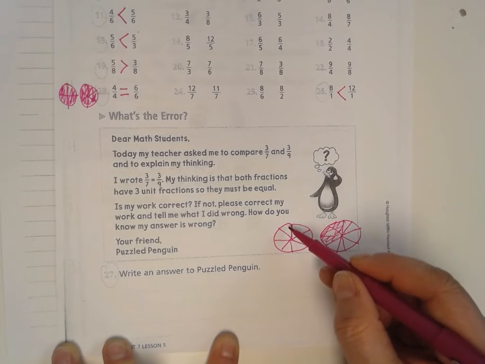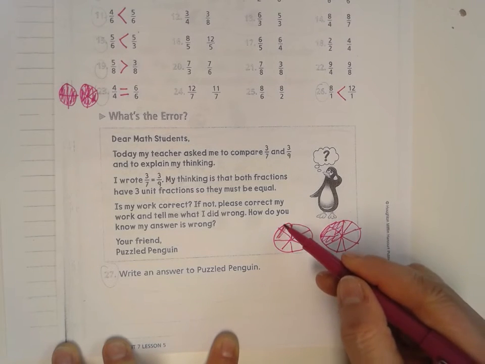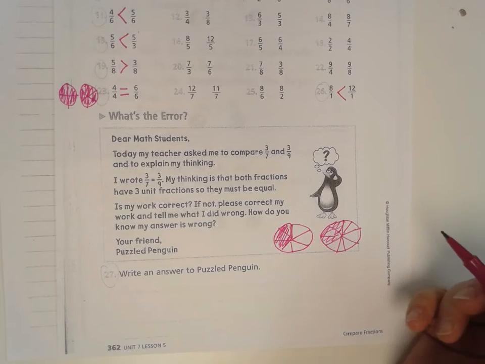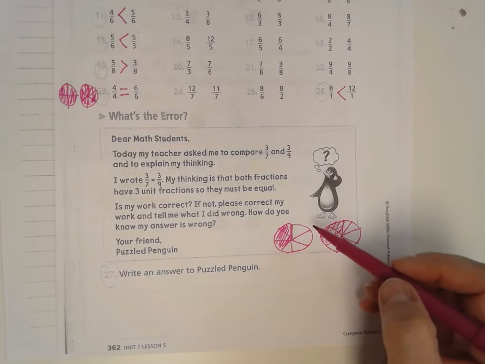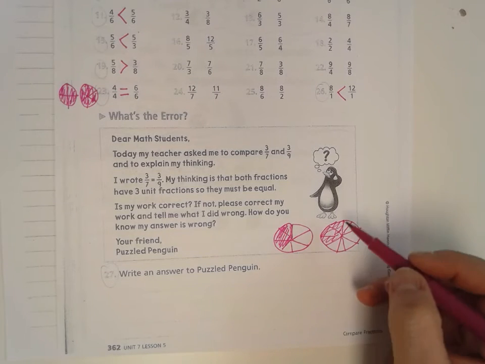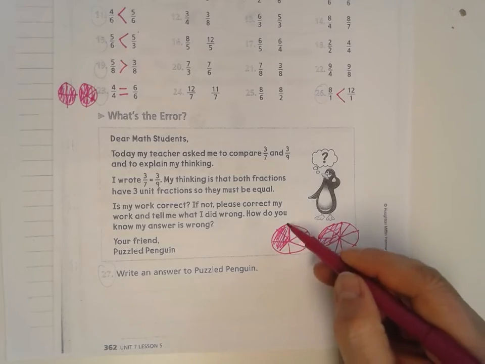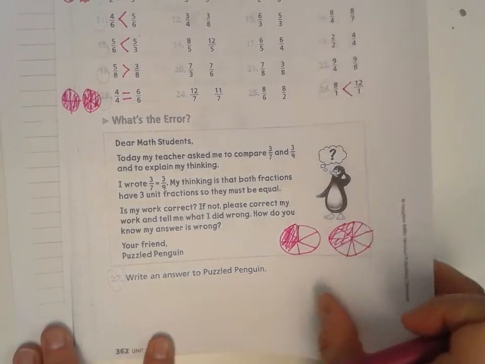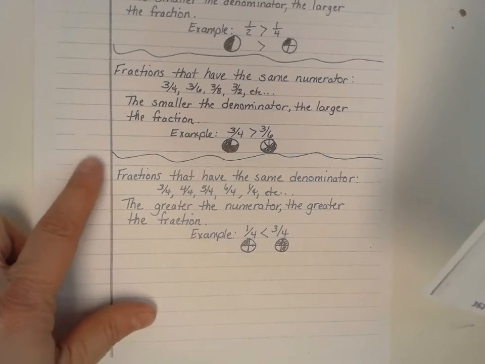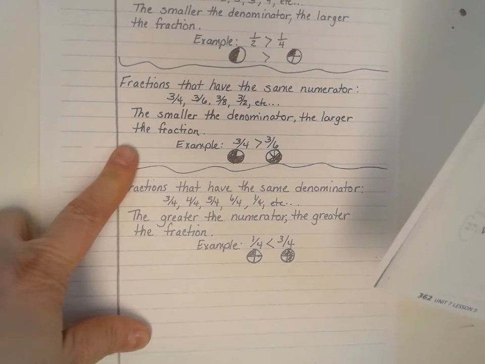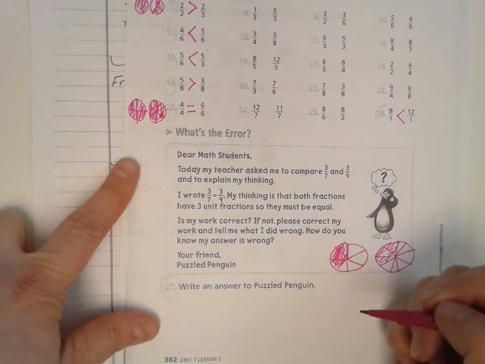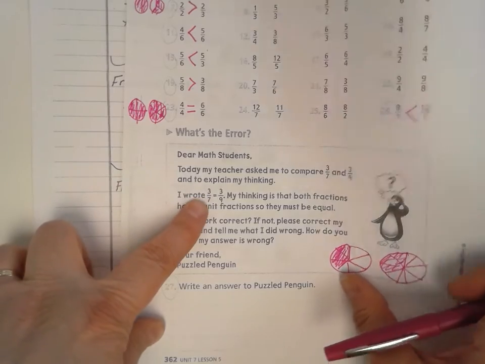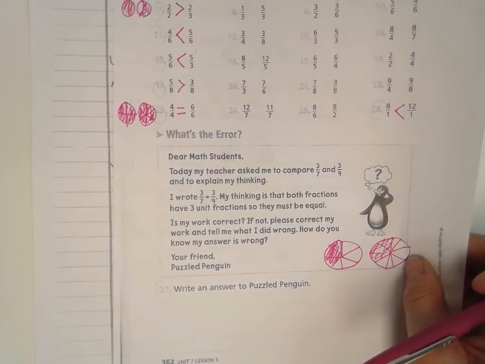Those aren't exactly even, but 1, 2, 3, 4, 5, 6, 7. If we're looking at 3 of them, even from our picture, we can tell that this piece is going to be bigger than that. My drawing is not super great, but we can also follow our rule: if we have the same numerator, then the smaller denominator has the bigger pieces. So obviously, no, he's wrong, and 3/7 is greater than 3/9.